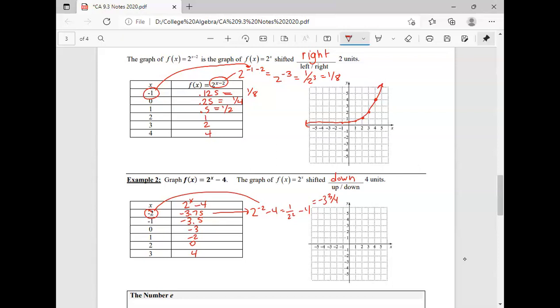Okay, so we can plot these points: -2, -3.75, -1, -3.5, 0, -3, 1, -2, 2, 0, 3, 4.